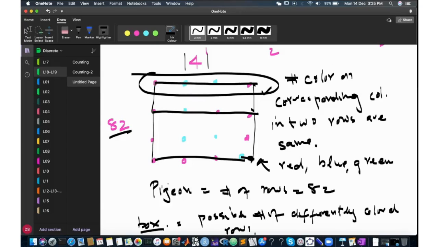Okay, so if the number of rows is 81, then there actually exists a configuration जिसमें कोई दो same नहीं होंगी. But if you add one more row, 82, then you can't make a configuration which does not contain two rows with the same color by the pigeonhole principle.